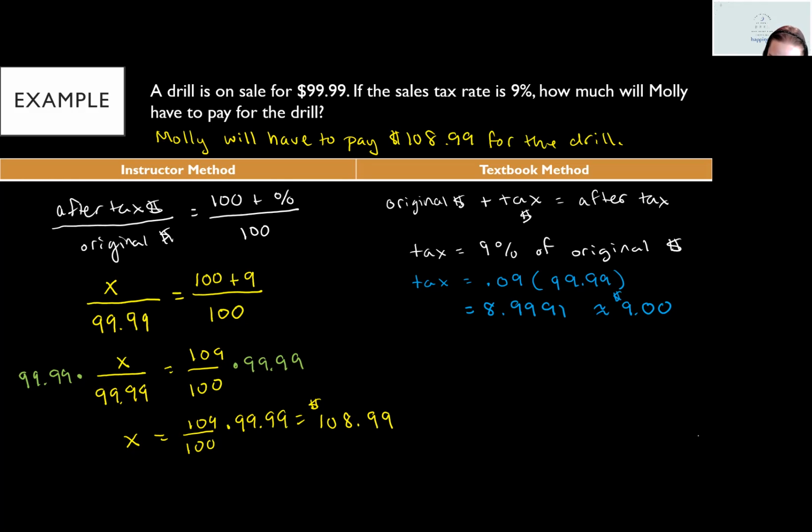So then we have our original, which is $99.99, plus the amount of tax here, which is $9. And then that gives you your amount after tax. And so you're just adding those together. And we get the same answer, $108.99.